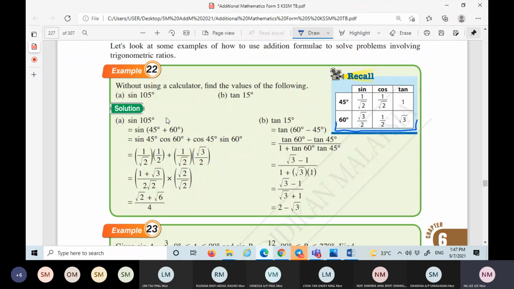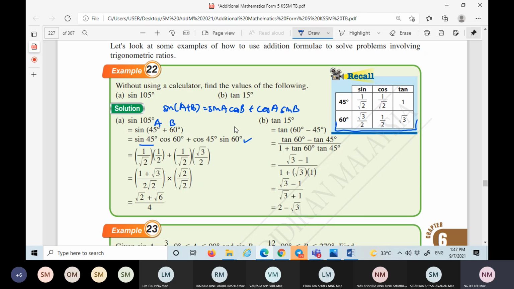So I use this formula: sine A plus B equals sine A cos B plus cos A sine B. So this is the A and this is the B. I write it out this way. After that, substitute one by one.